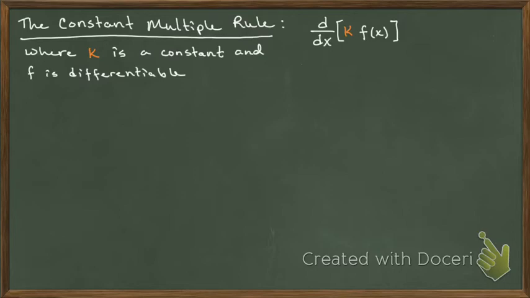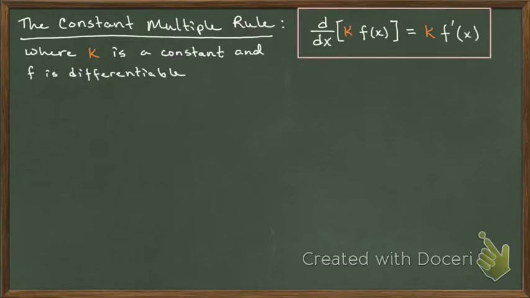It's either stretching or shrinking my function of x, depending on the value of k, and that has an effect on the slope. And the effect on the slope of the function is exactly that stretch or shrink k. So this should be k times the derivative of my function.